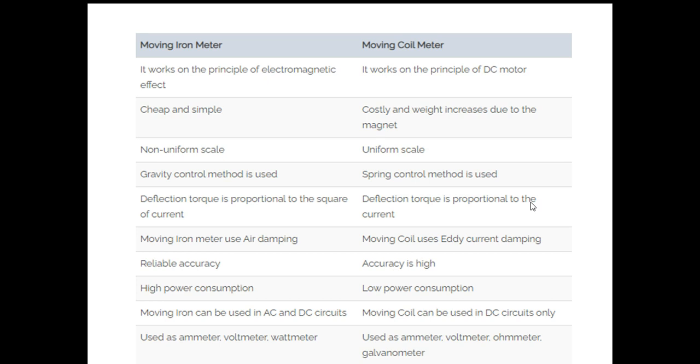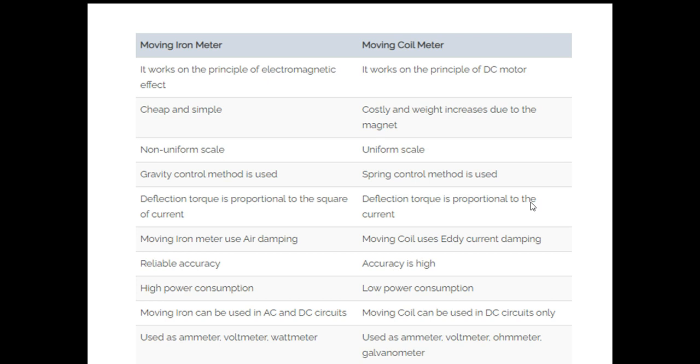The deflecting torque in moving iron is proportional to the square of the current. In moving coil, it is proportional to the current. The moving iron meter uses air friction damping. In this PMMC, we are using eddy current damping. Moving iron has reliable accuracy, but in moving coil the accuracy is more.